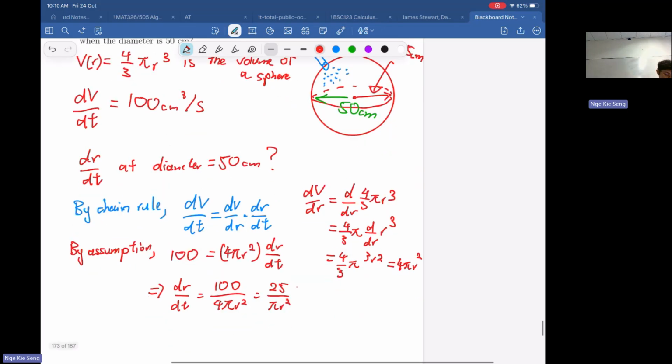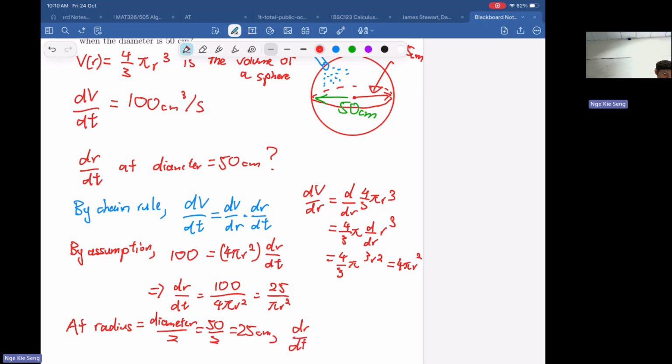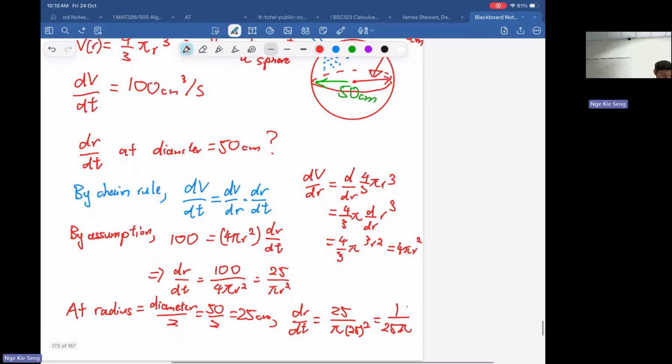So radius equals diameter over 2, which is 50 over 2, which is 25 cm. dr dt is 25 over pi times 25 squared, which is 1 over 25 pi cm per second.